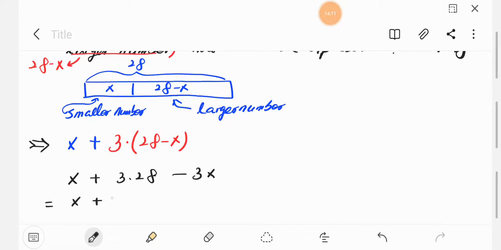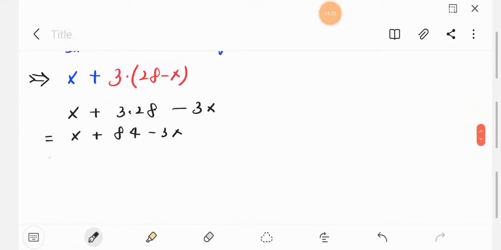Then x plus 3 times 28 is 84. Then combine the like terms, these two. Then negative 2x plus 84. So this is the simplified form.